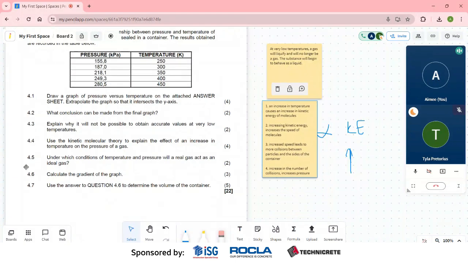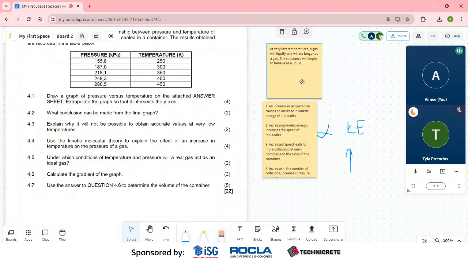Now we move to 4.5. Under which conditions of temperature and pressure will a real gas act as an ideal gas? Okay, so remember, an ideal gas is like an imaginary gas. It's a gas that in nature doesn't really occur. It's a gas that only behaves the way we want it to under laboratory conditions or simulated, perfect conditions.